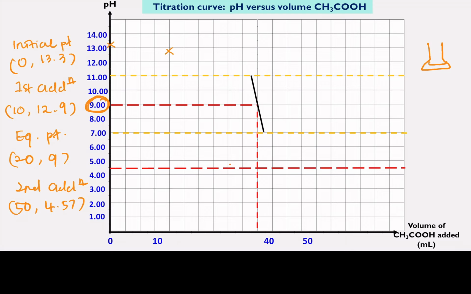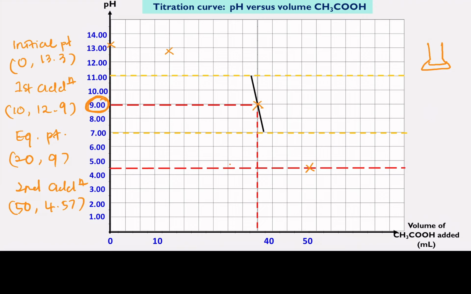Okay, and then you have lagi your equivalence point. Ni saya letak sini tapi dia actually 20, right? Lepas tu you have at 50 you have 4.57. At 50 you have 4.57 right here.